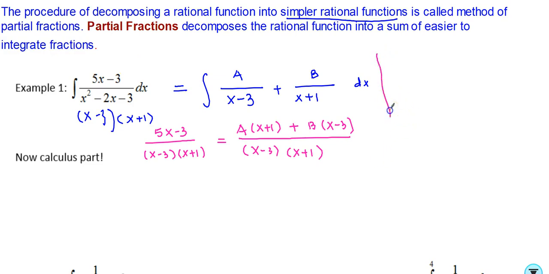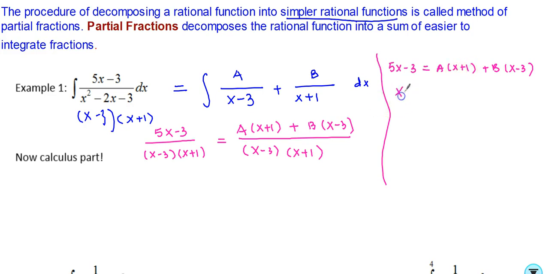Our job is to solve for A and B. So there is a shortcut here. You don't have to go all the way to get the system of equations and all that. All you need is the numerator. 5x minus 3 is equal to A(x plus 1) plus B(x minus 3). You can clearly see this factor will be 0 when x is negative 1.